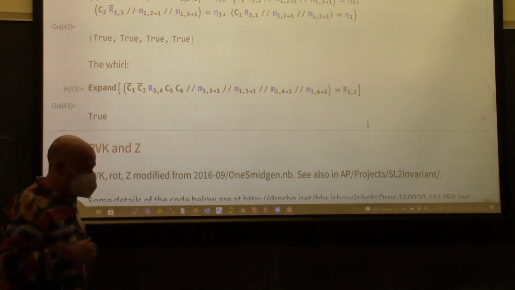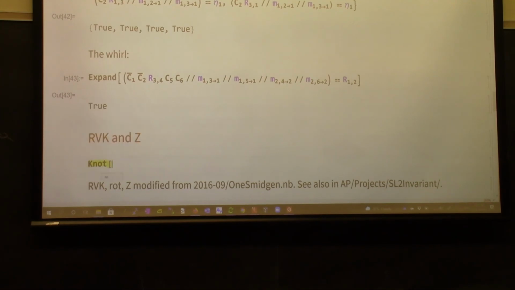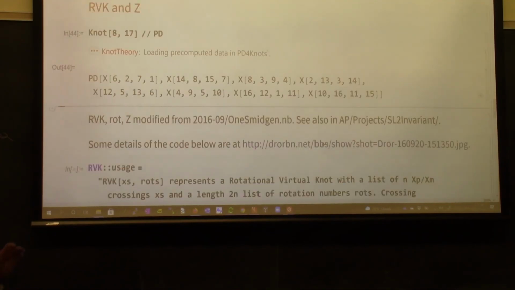The way knots are given in our standard notation, like if I write knot 8_17 and try to find its PD, then it's just a list of crossings with no rotation numbers.